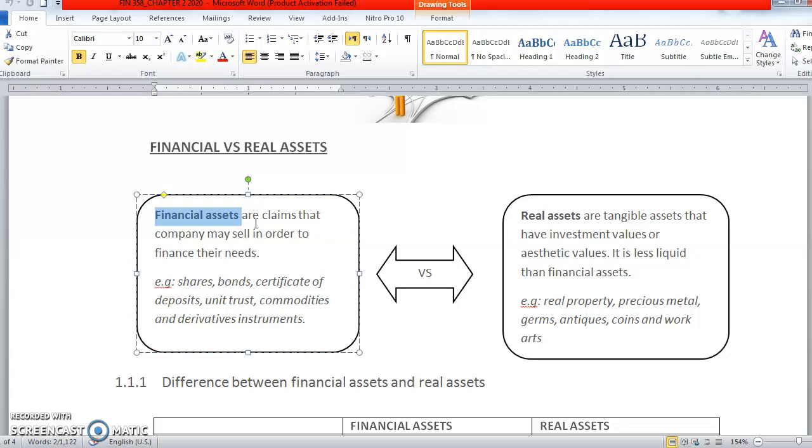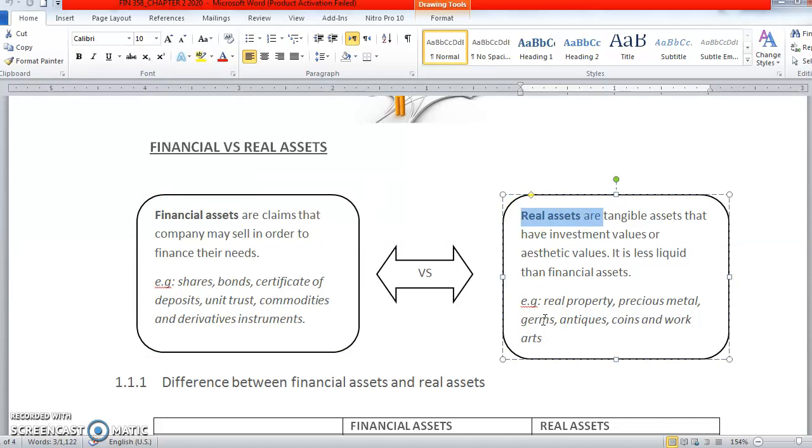Because financial asset ni, tahu-tahu je you punya duit keluar daripada your account bank because you are buying the assets, ataupun duit masuk bila you sell the asset. Itu dalam financial asset. But for real asset we can see it physically.